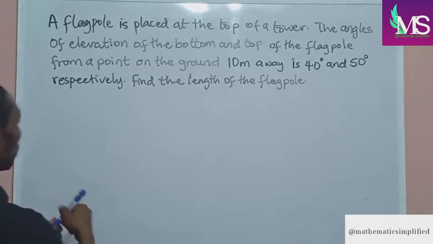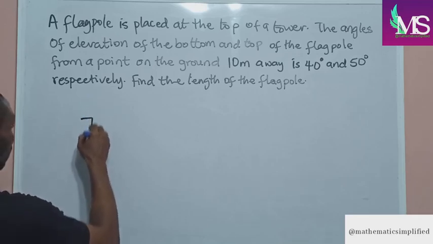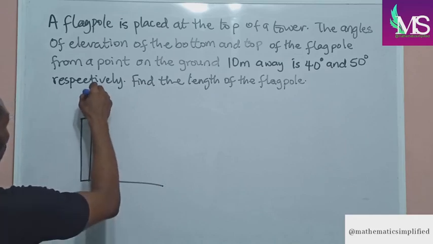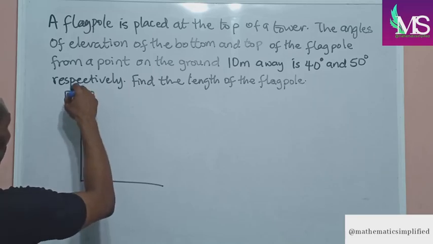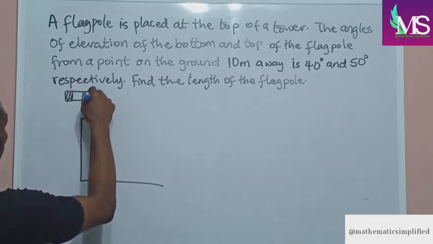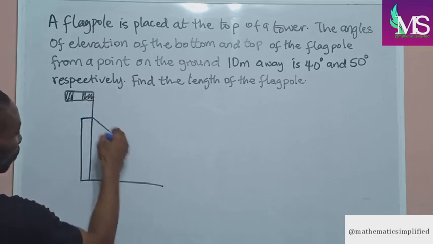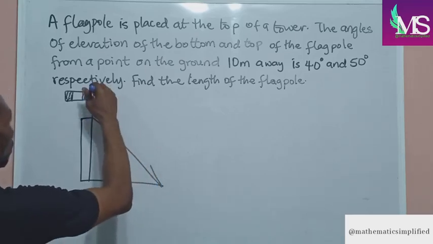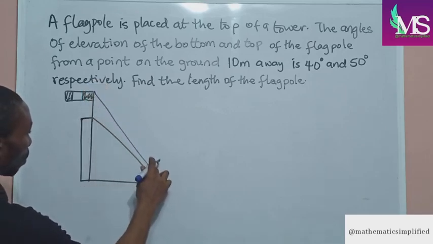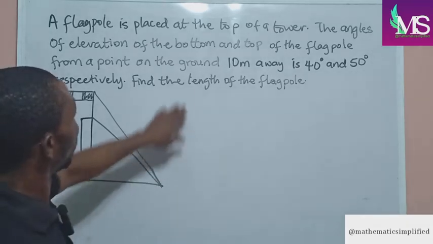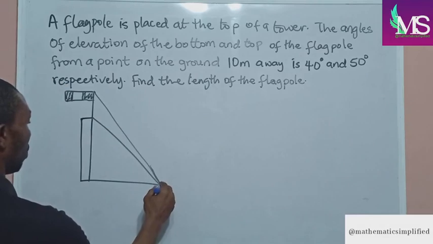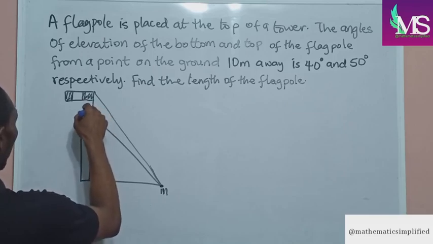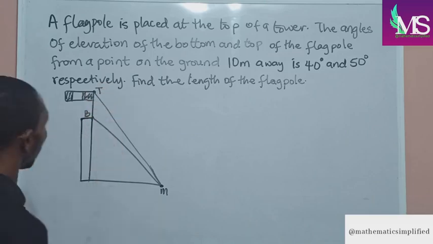Now we are going to represent this question in a diagram. If this is our tower and this is our ground, let's assume that this is our flagpole. Now they said the bottom and the top from a point. The angle of elevation from this point M, and this is point T, B for bottom and T for top.